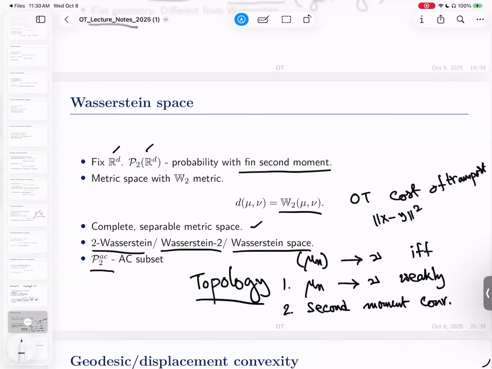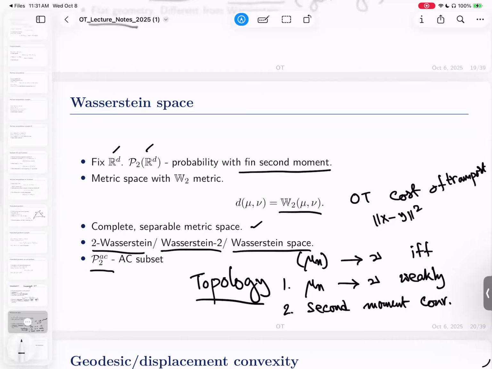So if you want to check that a sequence mu_n converges to nu in this metric space, the Wasserstein space, you have to first prove that there is weak convergence, or convergence in distribution. This is, of course, the bread and butter of all statistics and probability. And then you have to prove that the first two moments converge, essentially it's enough to show that the second moment converges, which means that the variance and the mean converge.